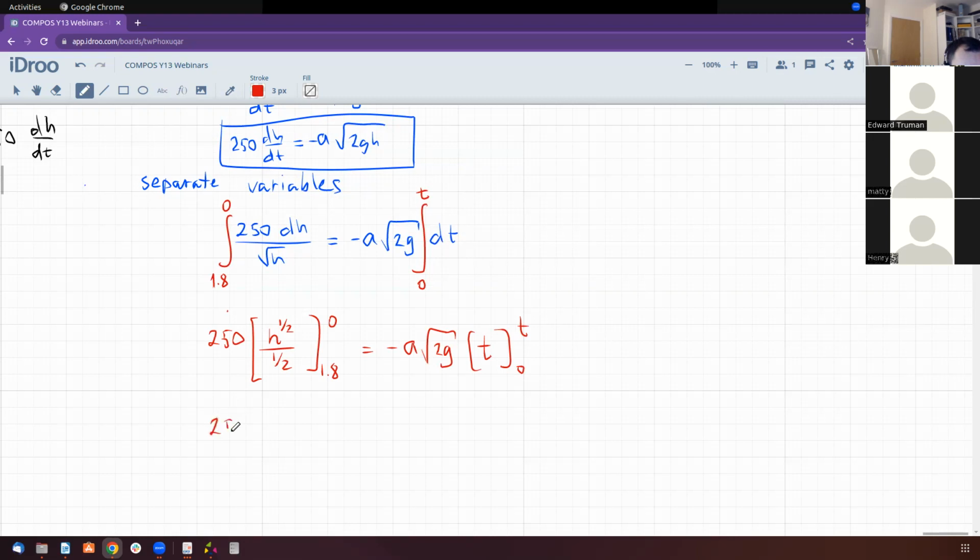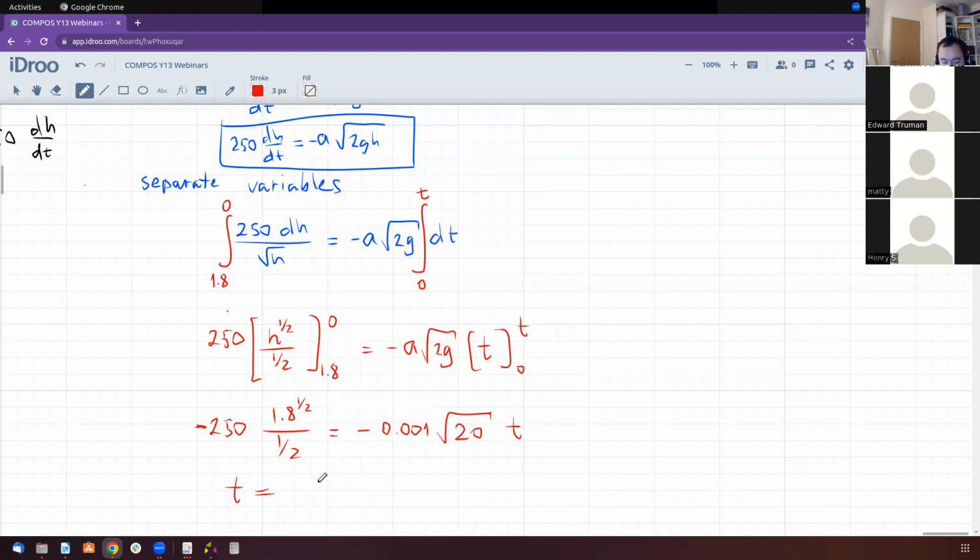So 250 multiplied by minus 1.8 to the power 1/2 divided by a half equals minus A, which is 0.001, square root of 20, because 2g is 20, multiplied by t. And you can easily work out t from here.